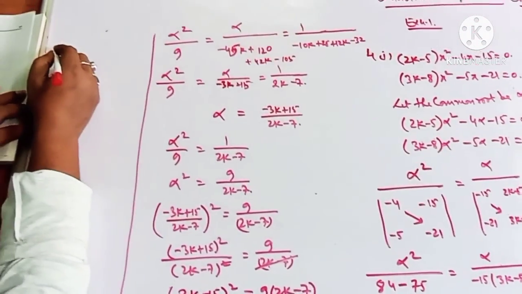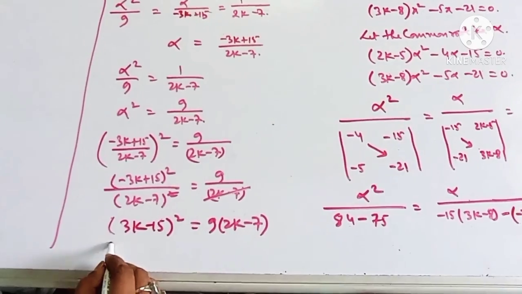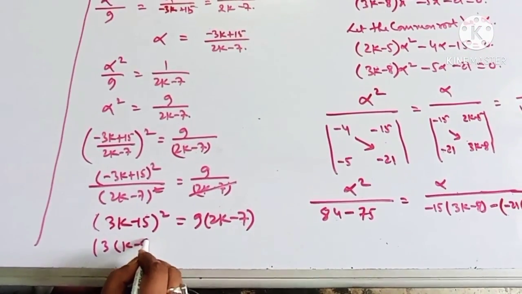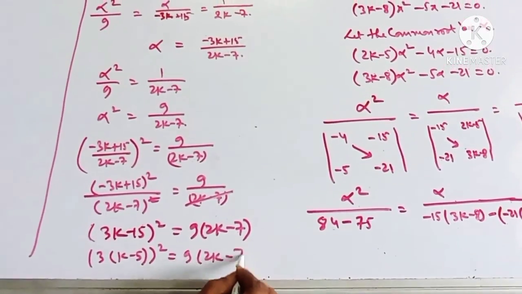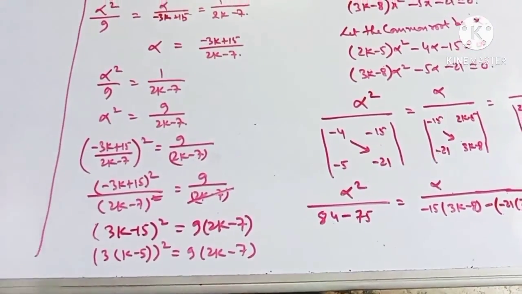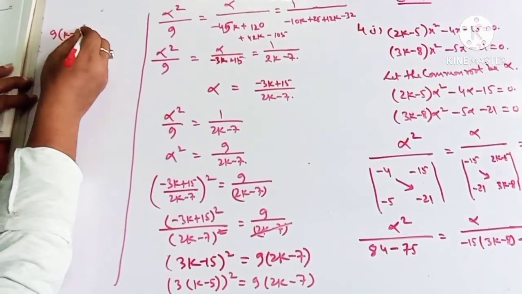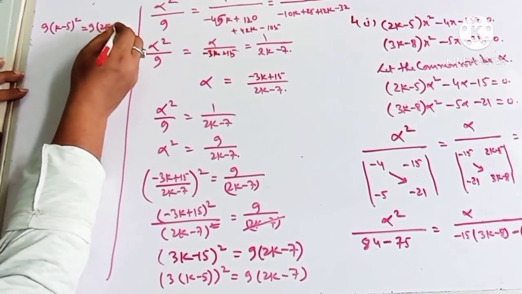Let me do one more thing, it will be easier. 3 common, k minus 5 the whole square is equal to 9 by 2k minus 7. So this will be 9 into k minus 5 the whole square is equal to 9 by 2k minus 7.